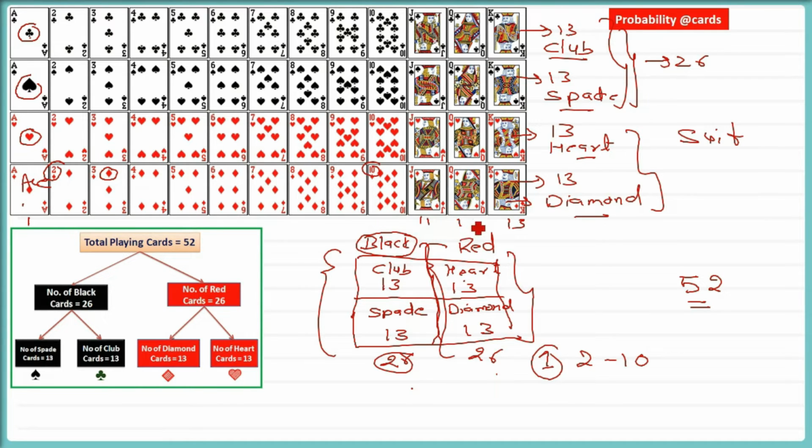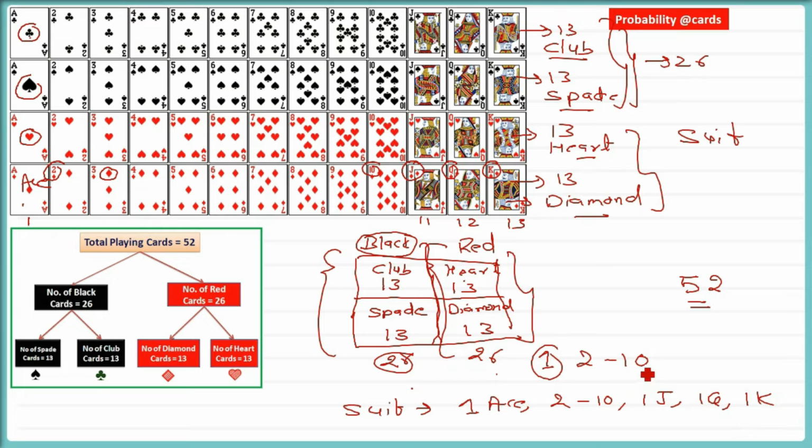And from 11 to 13, 11 is a jack for all the suites, 12 is queen for all the suites, and 13 is king for all the suites. So for 13 cards in one suite, there will be 1 ace, 2 to 10, that is 13 minus 4, 9 numbered cards, and 1 jack, 1 queen, and 1 king.